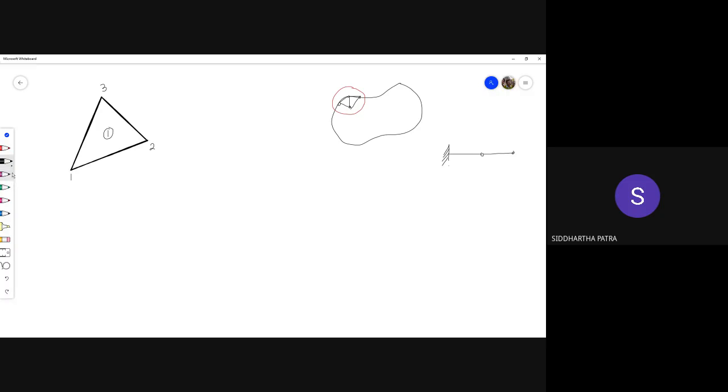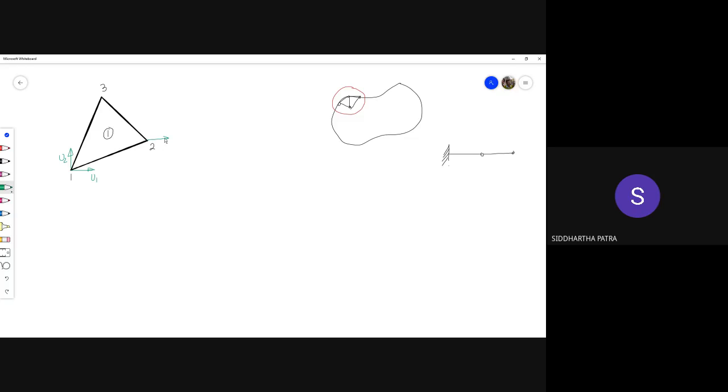So now, since we are in 2D, for each node we will be having 2 degrees of freedom. We'll call them U1, U2. So one along the x-axis, the other one along the y-axis, or horizontal and vertical degrees of freedom.